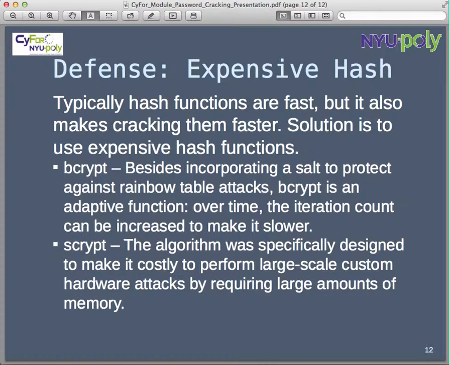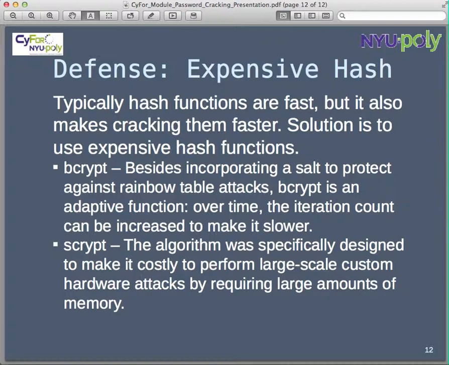Another approach is to use expensive hash functions. Typically hash functions were designed to be fast, but when used in cryptography, fast hash functions are not necessarily secure, because it's also easy for somebody trying to crack the passwords to iterate through a list of candidates quickly.